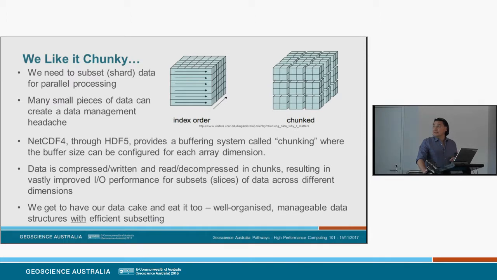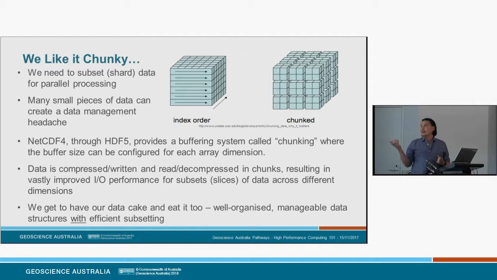So one of the specific benefits that HDF5 offers is chunking. Now, I mentioned before the need to actually break the data up into small pieces for parallel processing, and the management headaches that you can create if you pre-shard your data.